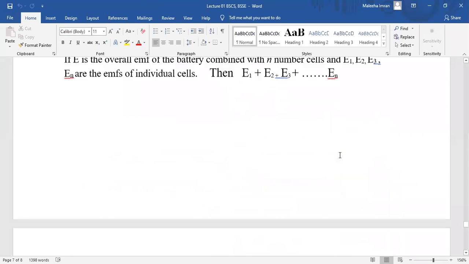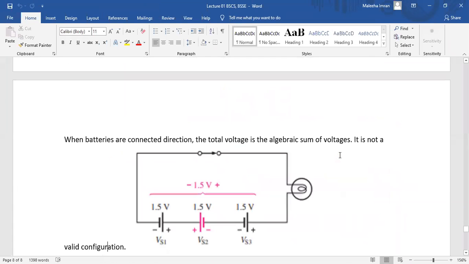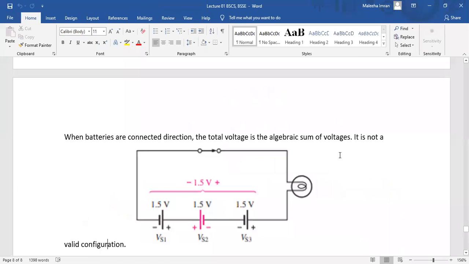Now, here is a little problem we have. अगर आपकी batteries जो हैं, that are connected in such a way. In this figure, what you see, in this figure, we see that the cathodes are connected with each other.